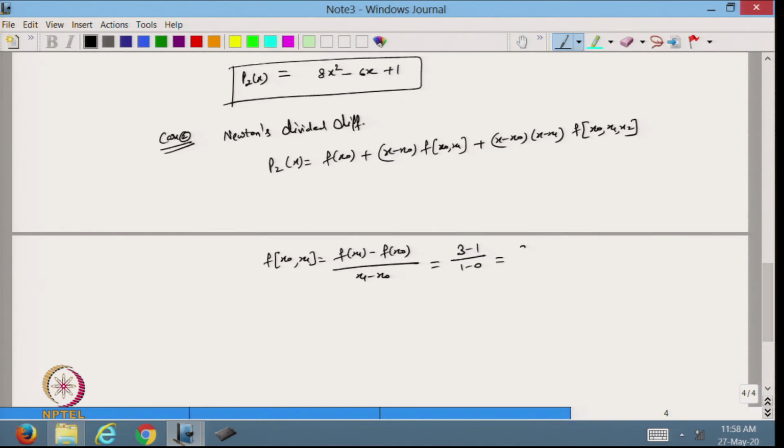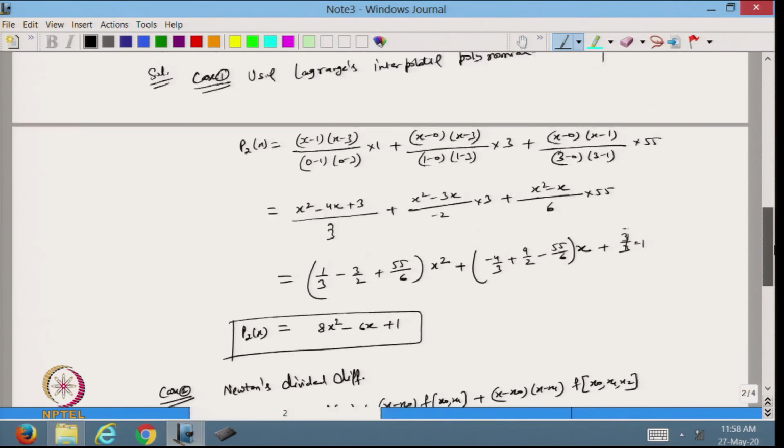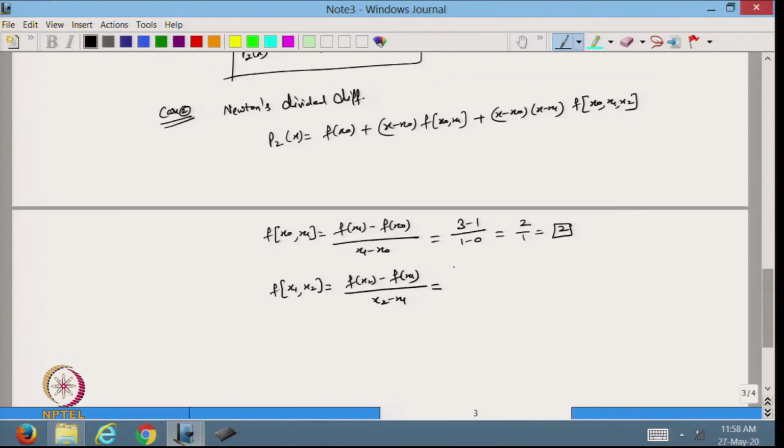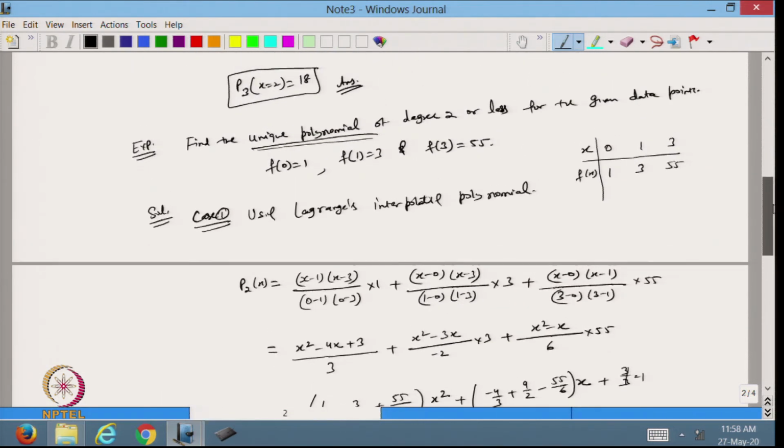So, this is 2 by 1, that is 2. So, this is given to me. Now, I want to find f[x1, x2]. This is f(x2) minus f(x1) divided by x2 minus x1. So, f(x2) is 55. So, it is 55 minus f(x1), which is 3, divided by 3 minus 1.